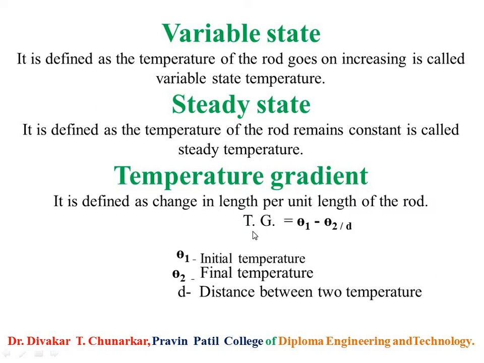Temperature gradient is defined as the change in temperature per unit length. The formula for temperature gradient is theta 1 minus theta 2 upon d. This formula is very important for your examination, because sometimes numerical problems are asked on this formula for 2 to 4 marks.